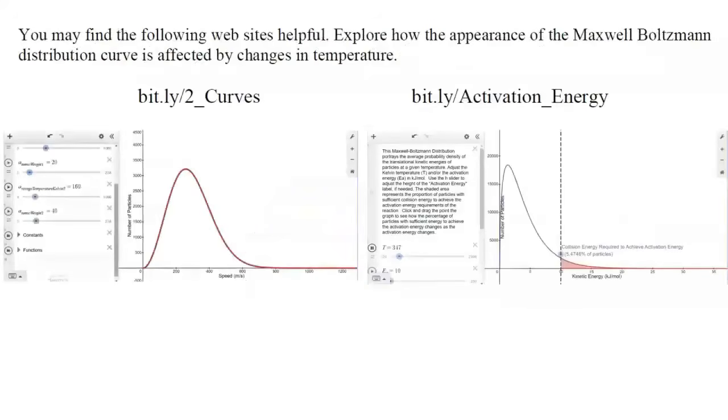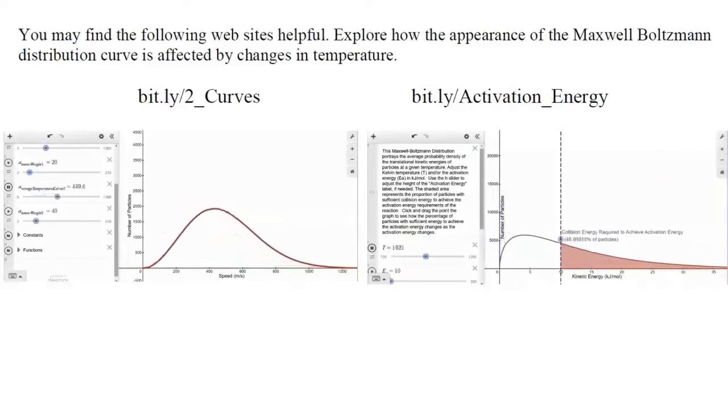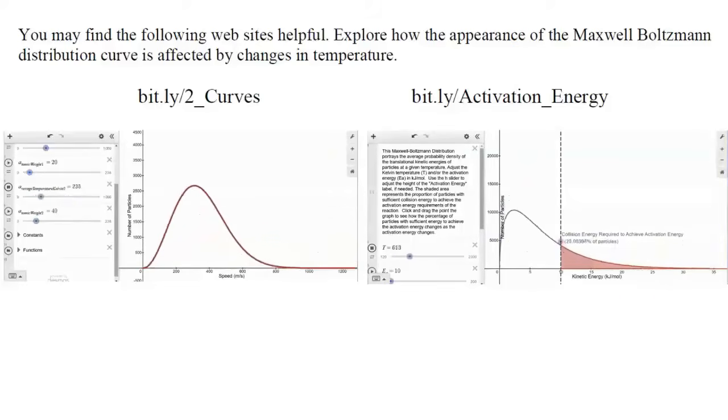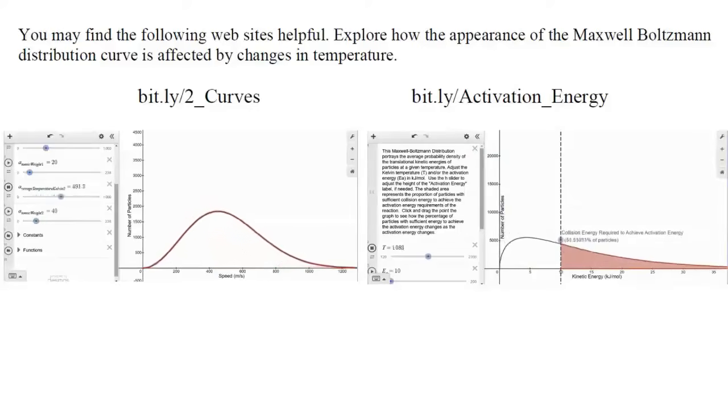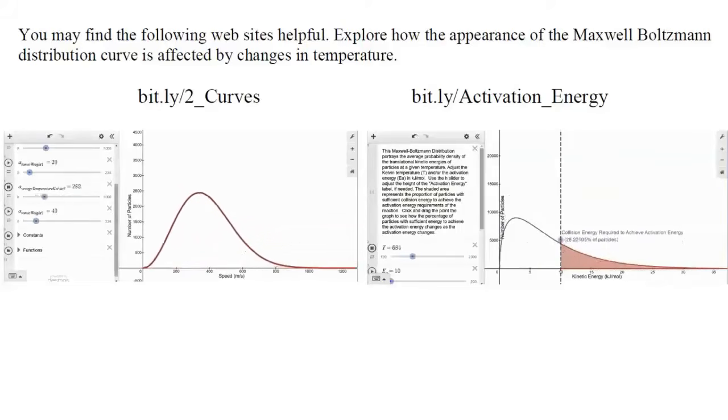I will put the link to these two Desmos activities in the video description area. On the left, you can see a Maxwell-Boltzmann distribution showing an increase in temperature, and how that curve is becoming more broad and more flat, and how the peak of the curve is shifting toward the right.